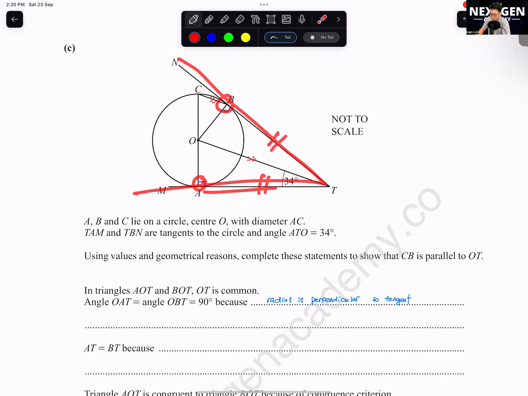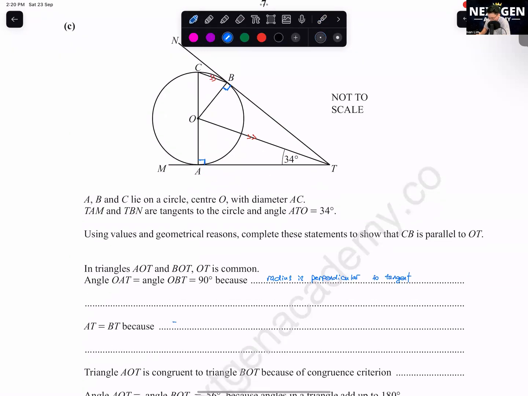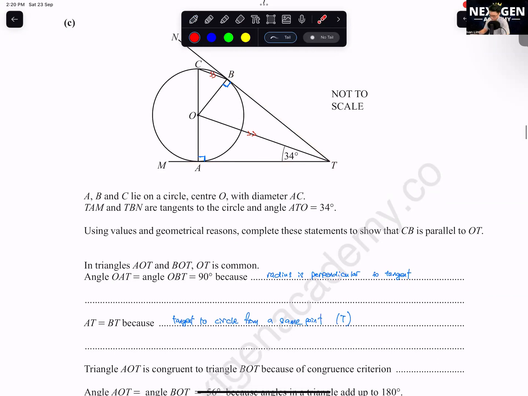So you need to write here tangent to circle from a same point. The same point is the point T. Tangent, tangent, like that. So the length is the same.